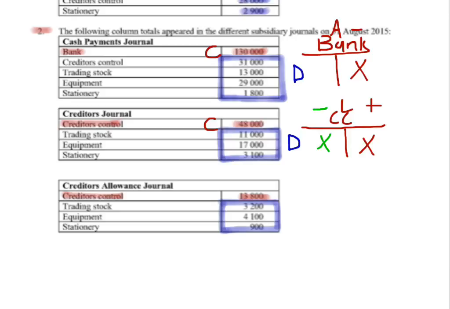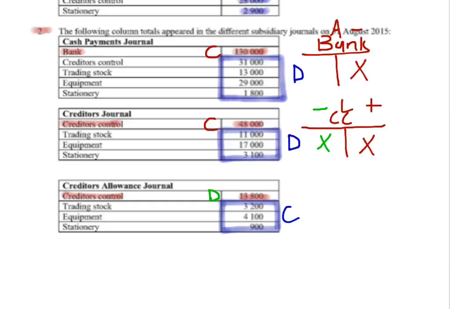So therefore, if I'm posting the main account from the CAJ, I would debit my Creditors Control. So therefore, what would the other accounts do? They will all credit. So there will be a credit in trading stock of 3,200, a credit in equipment of 4,100, and a credit in stationery of 900 Rand.